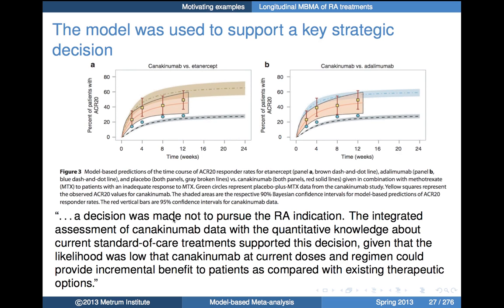And they stated, again, this is a quote from the article, that the integrated assessment of canakinumab data with the quantitative knowledge about current standard of care treatments supported that decision, given that the likelihood was low that canakinumab at current doses and regimen could provide incremental benefit to patients as compared with existing therapeutic options. So again, this is an example where the model-based meta-analysis was used to support a fairly key strategic decision.